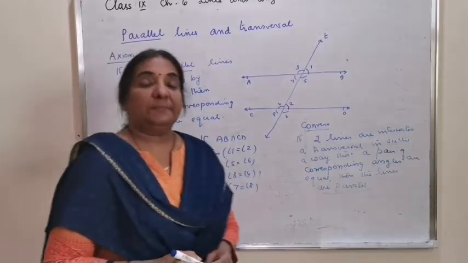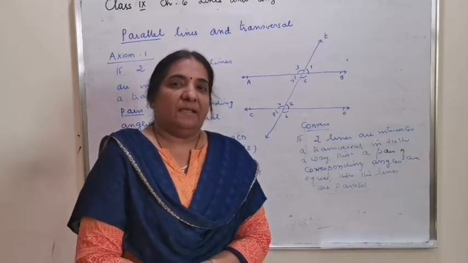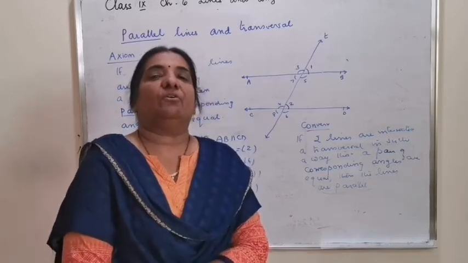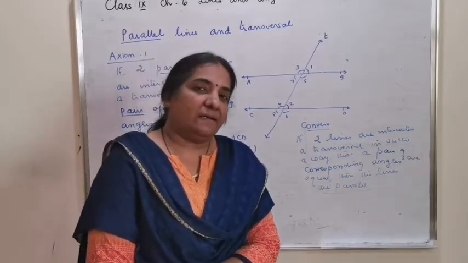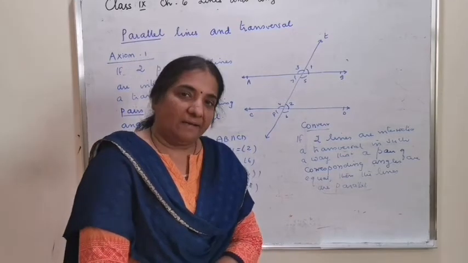It is not compulsory that all pairs of corresponding angles should be equal. If at least one pair of corresponding angles are equal, we can say that the lines are parallel.